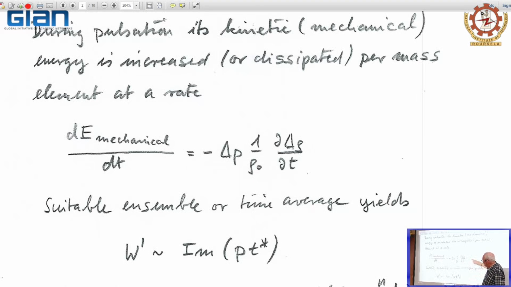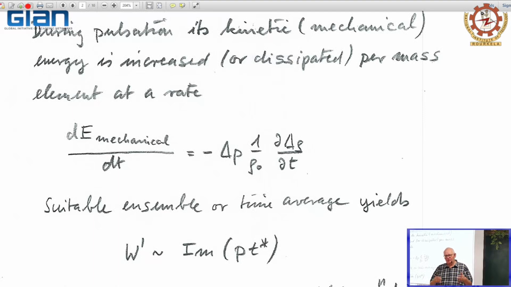As a result of evaluating this quantity here, I have stated, or I claimed, that within a suitable average, for instance over one time cycle, over one period of pulsation, or if we take a suitable ensemble average, then we end up with the formula that the differential work integral, the work per unit cycle or per time transferred from the heat to mechanical energy, is given by the imaginary part of the pressure perturbation times the complex conjugate of the temperature perturbation.